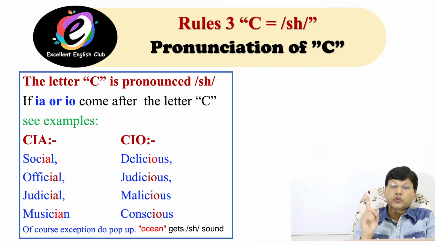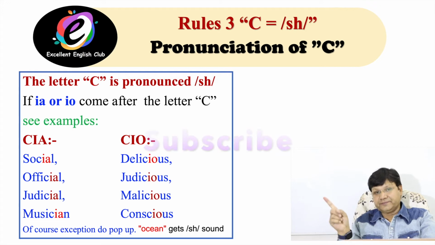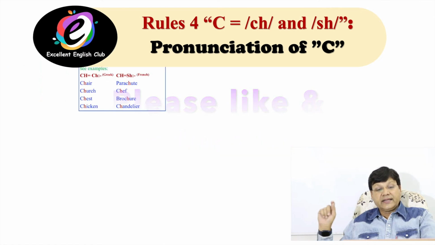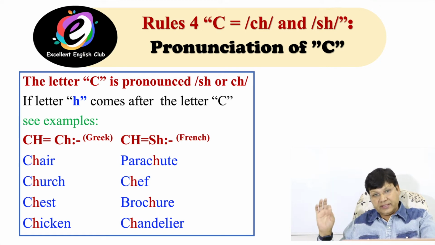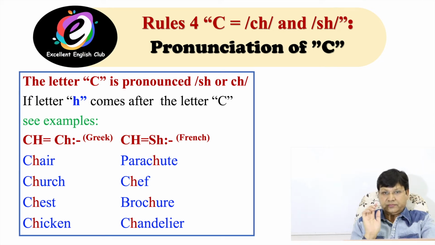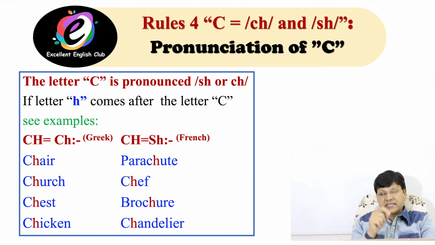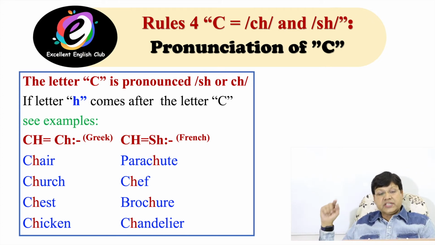Okay? Now move to rule number 4. Rule number 4, C is equal to cha and sha. Look here, how? Letter C is pronounced sha or cha if letter H comes after the letter C. If after the letter C, H comes, it has two different pronunciations. CH is equal to cha and CH is equal to sha. How? Look here. You will see here in the example, I have written CH is equal to cha.